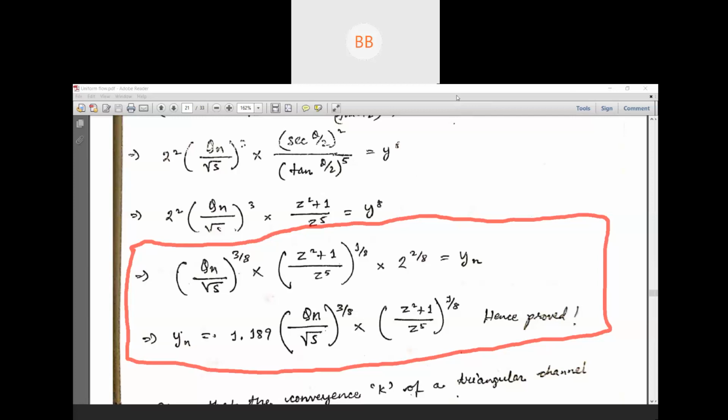It's better if you try at home, and then I'm sure you are going to find some difficulties. It doesn't matter what approach you consider. It may be different from what I have done, but at the end, we have to get this expression.